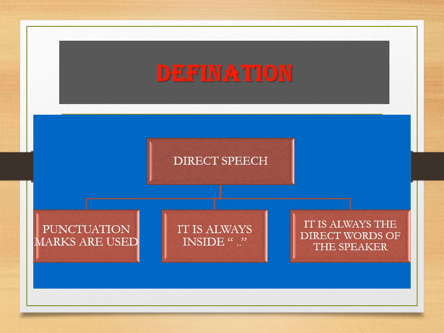This is how you can identify whether the sentence given to you is in direct speech or not. If the sentence is in direct speech, it will always be in inverted commas. Punctuation marks will be used, for example, question mark, exclamation. All this will be used only when the sentence is in direct speech.